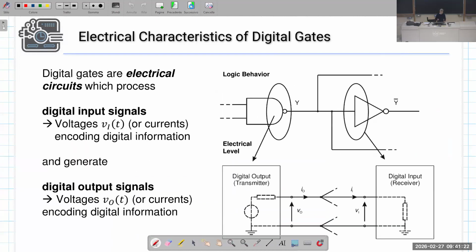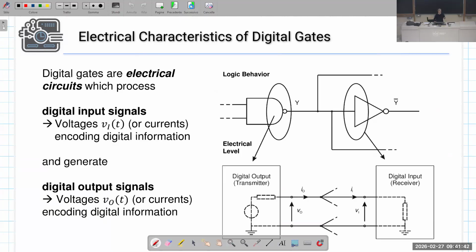Now let's go to the main topic of today, that is electrical characteristics of digital gates. So far, we have informally introduced what is the expected behavior and the expected function of digital gates.